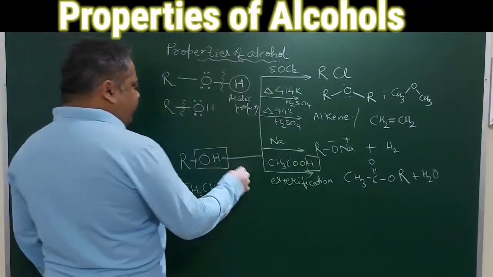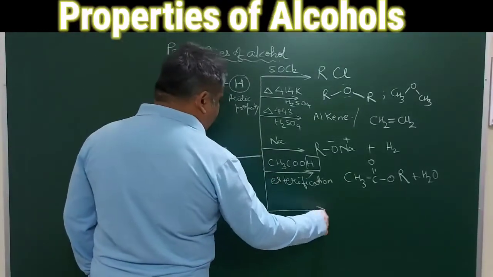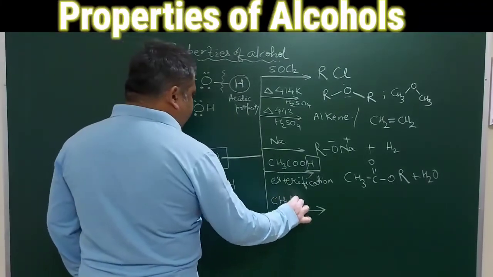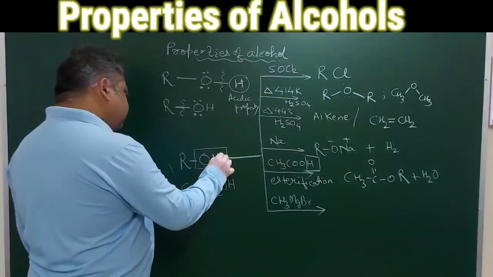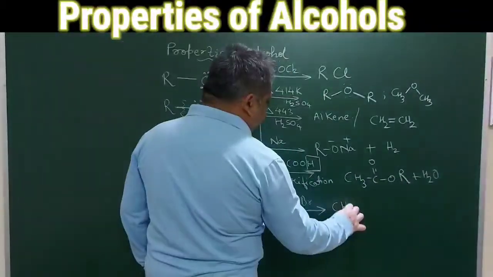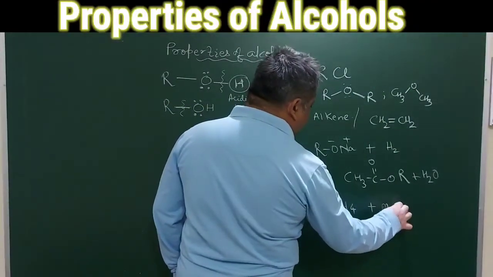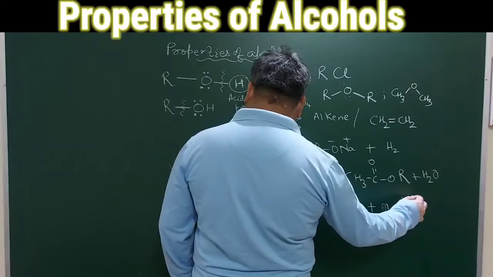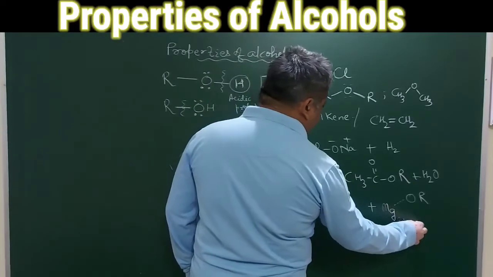What else can we do? We can make it react with Grignard reagent. Say for example, CH3MgBr, then this hydrogen will go and attach with this methyl group and will form methane, and will form Mg ionic bond with OR, okay, and another ionic bond with OH.